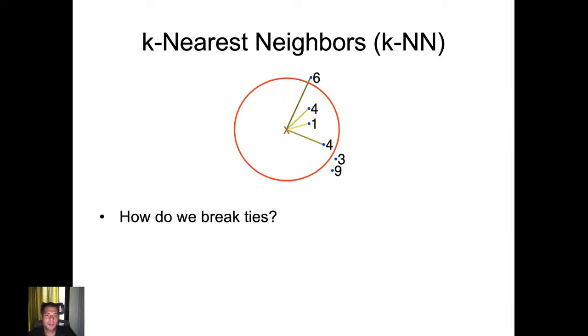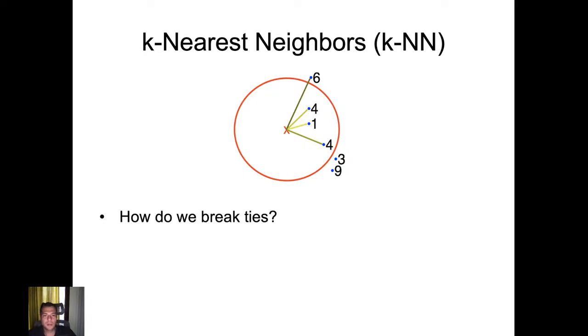So we can think of different ways to try to break these ties. So this gives you the opportunity to interact and try to think of some ways to break the ties.